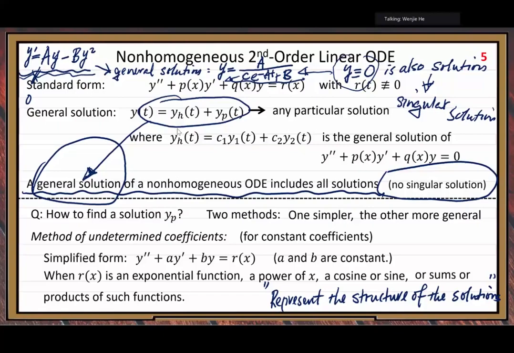For the homogeneous YH solution of this equation, we have confidence to find it, since the formula is given. But for the YP part, we need to do a lot of work. Then we get the whole general solution.